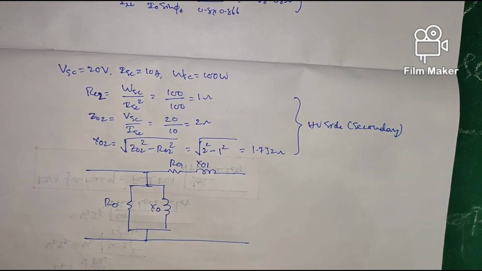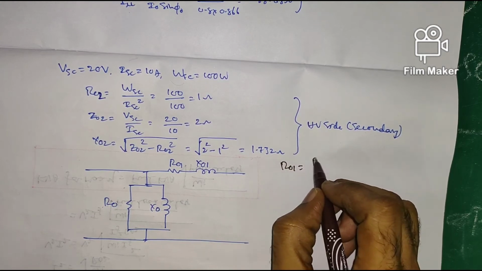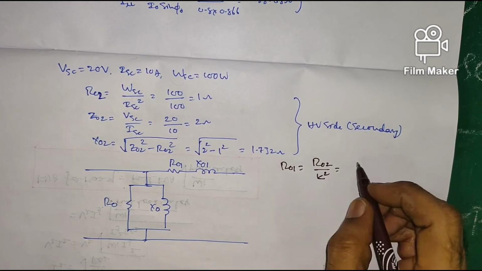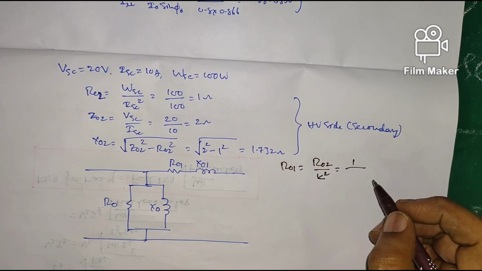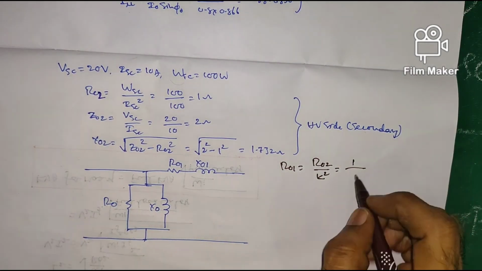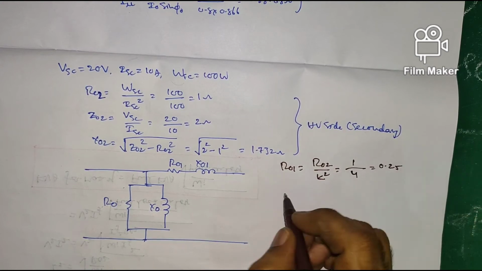So R01 is calculated as R01 is equal to R02 divided by K square, that is equal to 1 divided by the value of K, which is 2. So 1 by 2 square means 1 by 4, that is equal to 0.25.